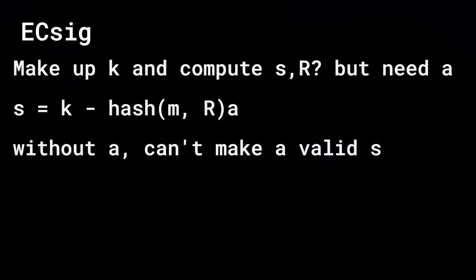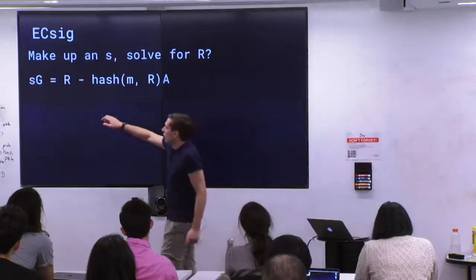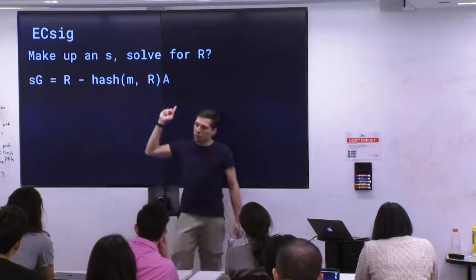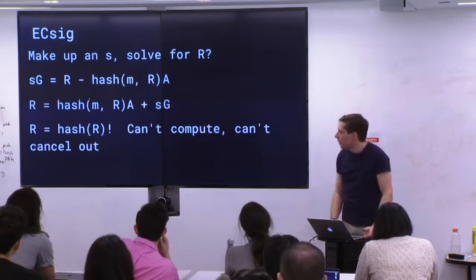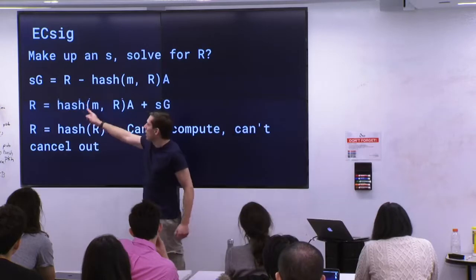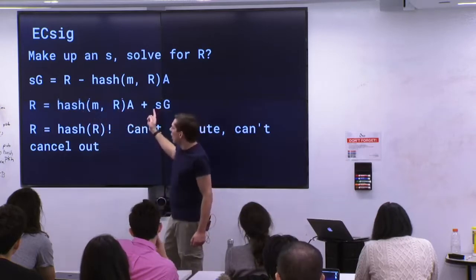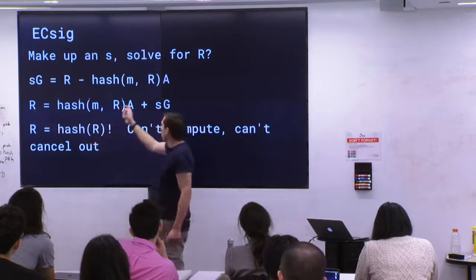I can try to grind through hash functions, but it won't work. The basic problem is if I make up an S and solve for R, I can say, well, I know what R is, but R is in the hash function as well. It's the one-wayness of the hash function that actually breaks this. So let me solve for R. Well, R is the hash of M and R times A plus S times G. If I can come up with a valid R here, I can do this.